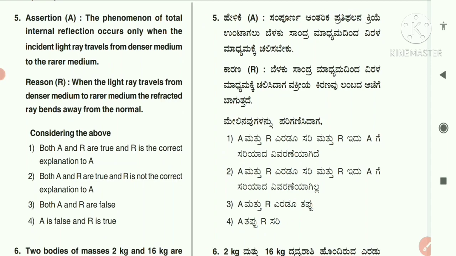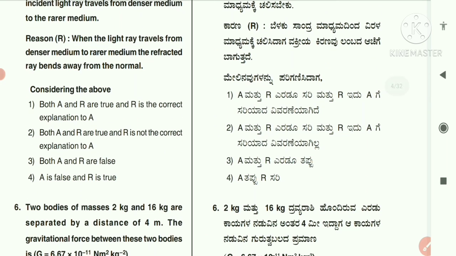The options: Option 1, both A and R are true, and R is the correct explanation of A. Option 2, both A and R are true, and R is not the correct explanation of A. Option 3, both A and R are false. Option 4, A is false and R is true.